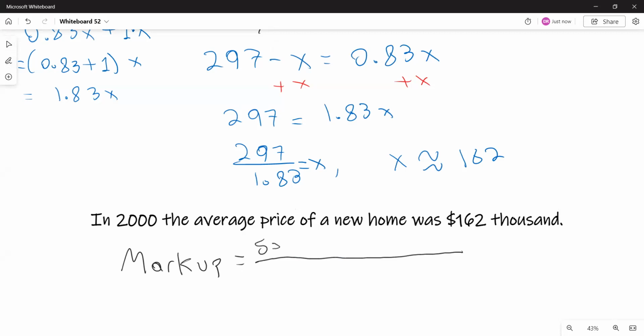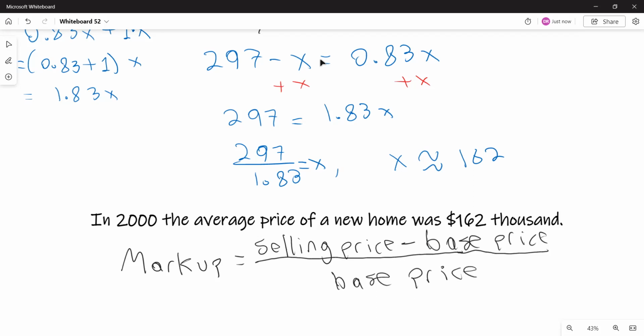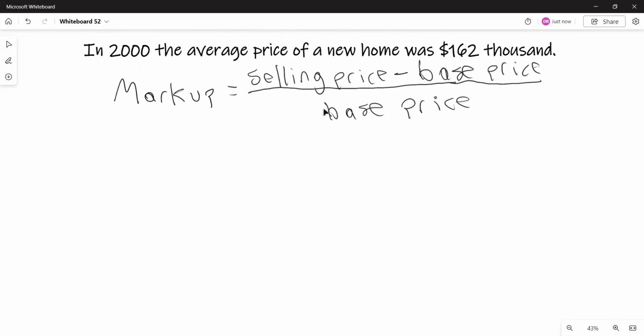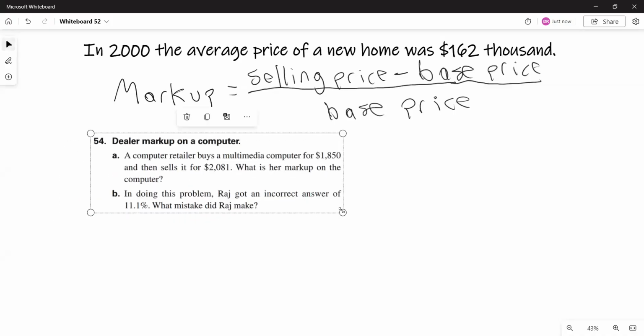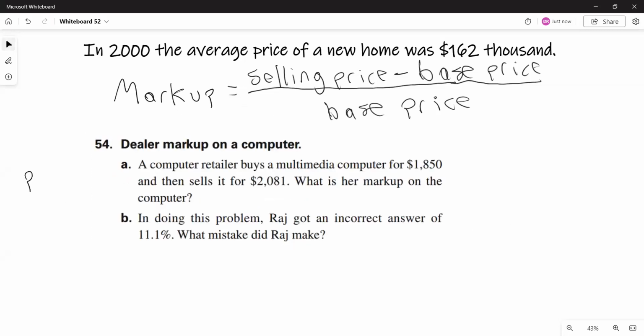So that's going to be the selling price minus the base price over the base price. So let's see an example.